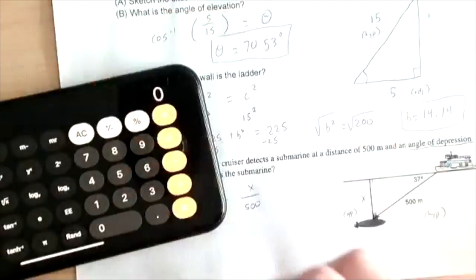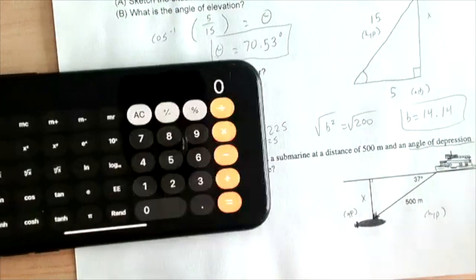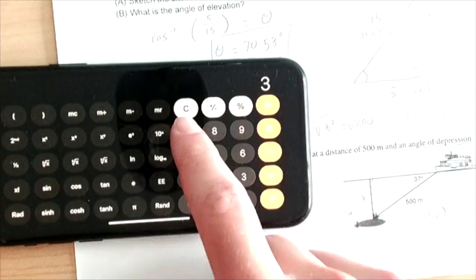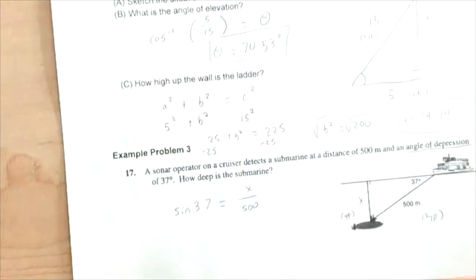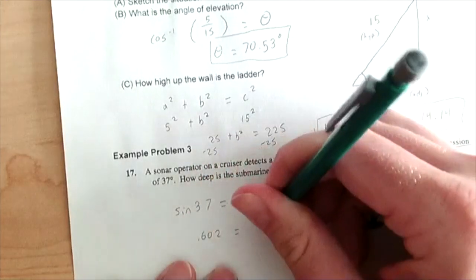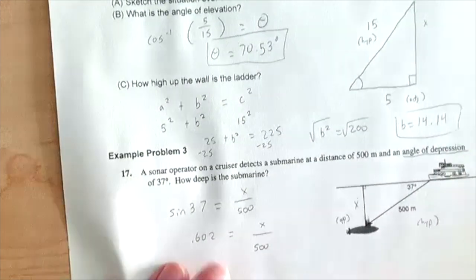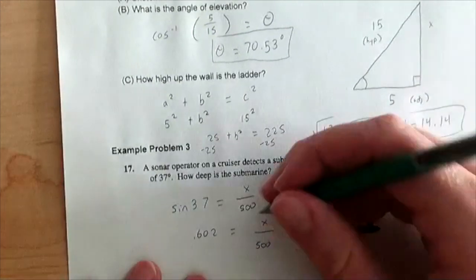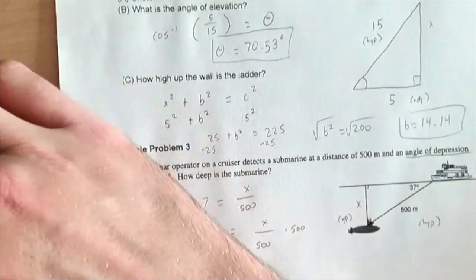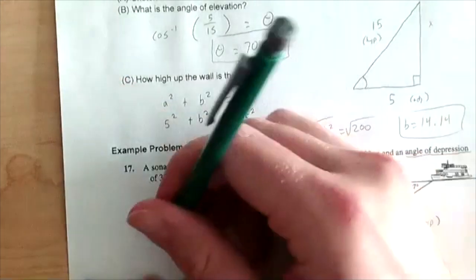So we'll do normal sine. Sine, crap, you always press the number first. So 37 sine is 0.602. And then this is the easier one to solve because you just multiply 500 this way and x is isolated. So we're just going to take that number we just had and multiply to 500.